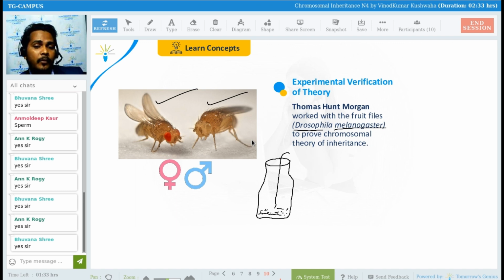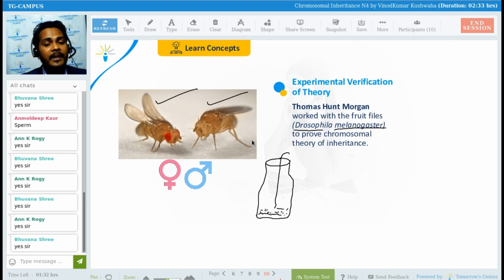Now the third important advantage of Drosophila is that a new generation can be raised within 2 weeks with a single mating, producing hundreds of individuals. If there is one male and one female Drosophila inside the bottle, one mating produces hundreds of eggs.